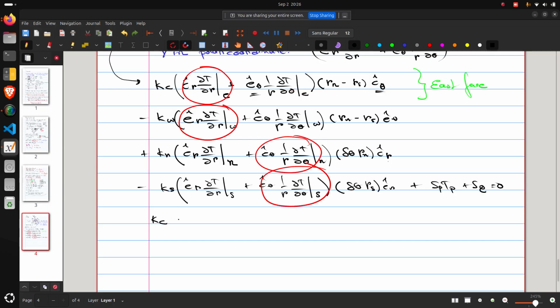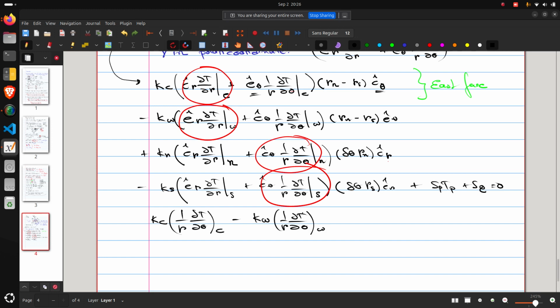We will have KE, and E theta will give you 1, right? So 1 by R dou T dou theta at E, minus Kw 1 by R dou T dou theta at west.